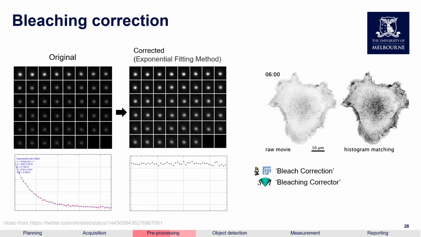Usually the Fiji bleach correction plugin or the bleaching corrector in the Huygens program handles things like this. And when we do this, we have to be careful and use these bleaching corrections only for segmentations, but we shouldn't use this for intensity quantifications because it actually alters the actual intensity values.